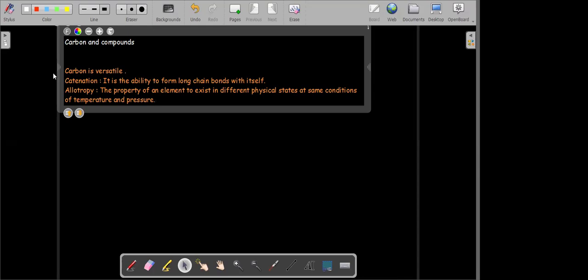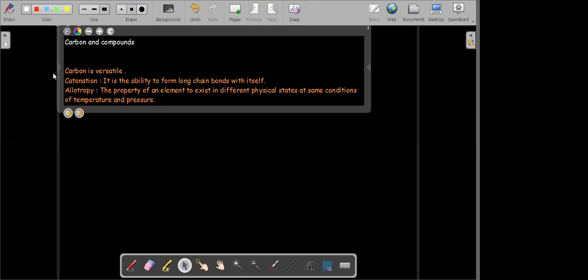Along with carbon, other elements also show allotropy, like sulfur and phosphorus. There are two allotropes of sulfur, called monoclinic sulfur and rhombic sulfur.